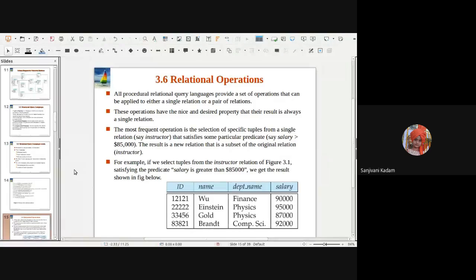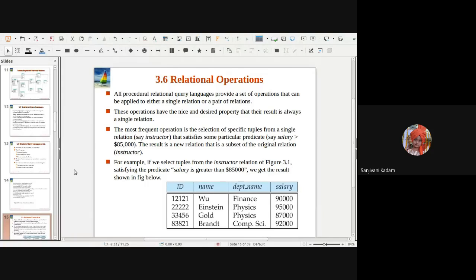From a single relation, say instructor, we specify some particular predicate, meaning a condition applied, say salary greater than $85,000.